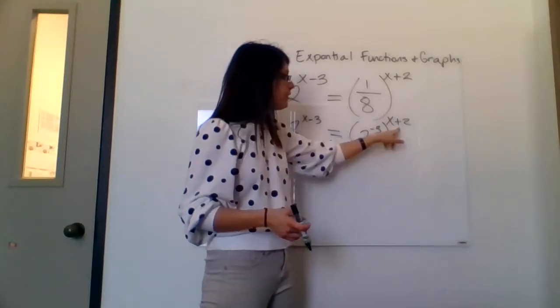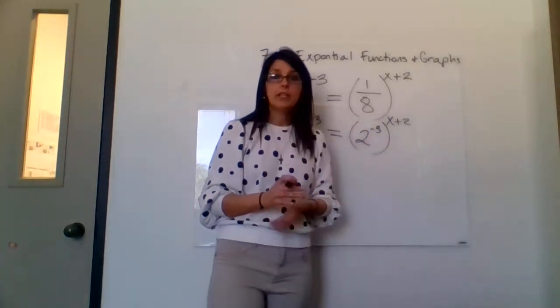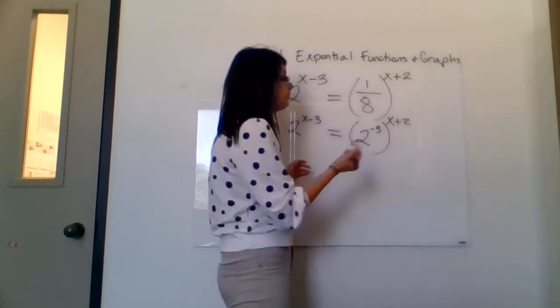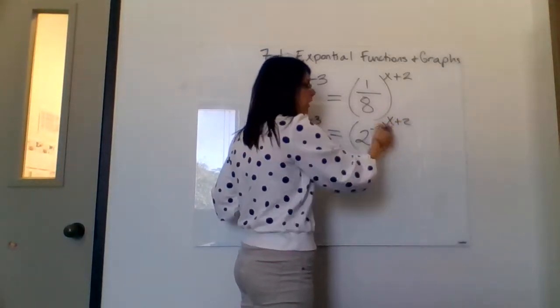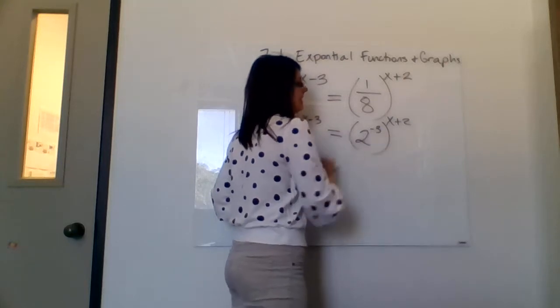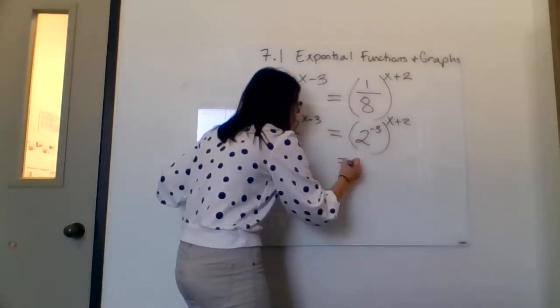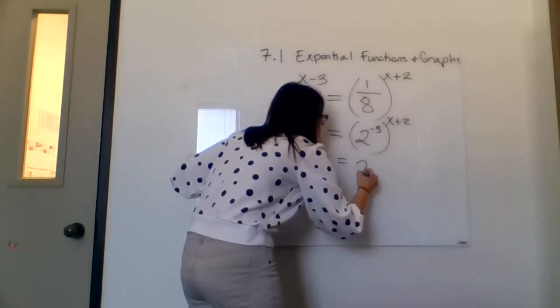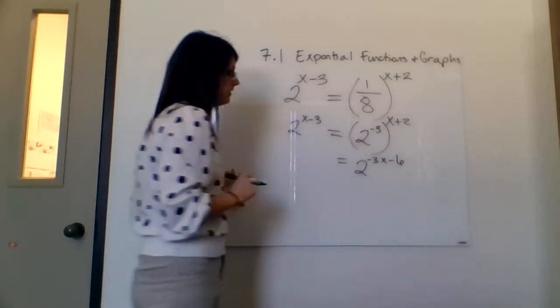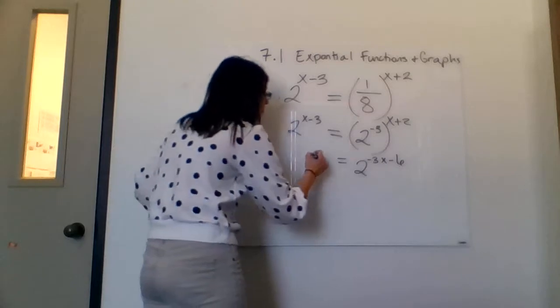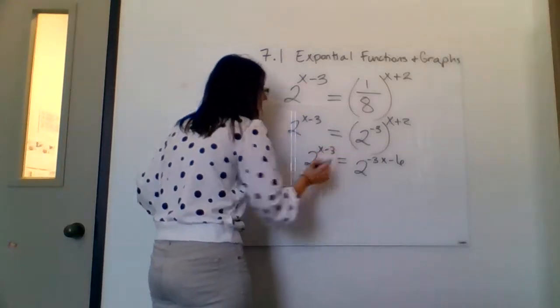Here I have a power to a power, and the power rule tells me to distribute those powers. So I have x plus 2, all times -3. When I distribute that exponent, I get 2 to the power of -3x minus 6, still equal to 2 to the power of x minus 3.